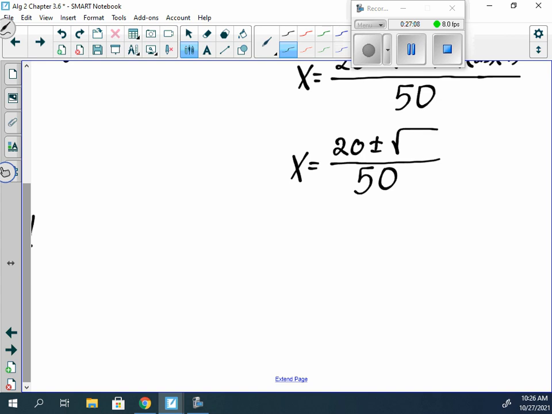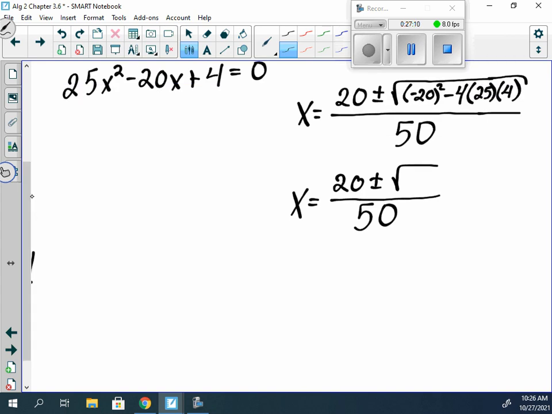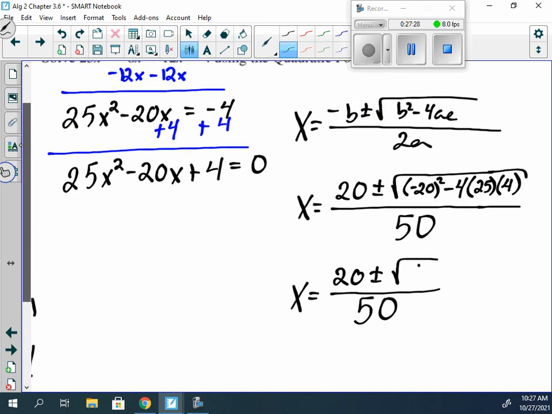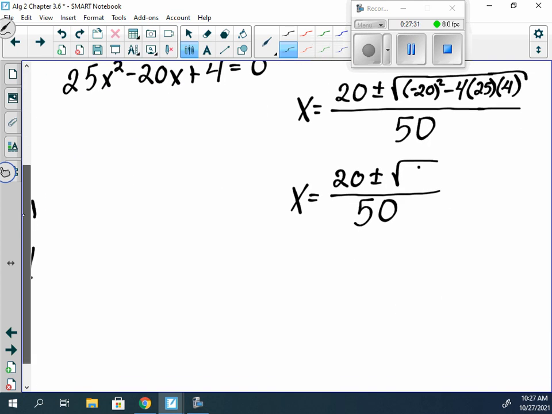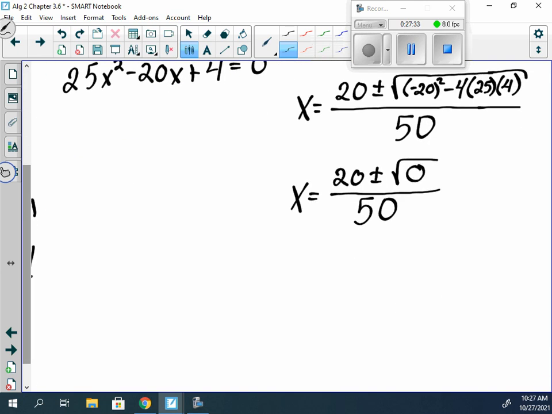Now our next step was to find out the value of everything inside the square root. So parentheses negative 20 squared minus 4 times 25 times 4. And if we plug that in, we get negative 420. No. Did you put the parentheses around the negative 20?